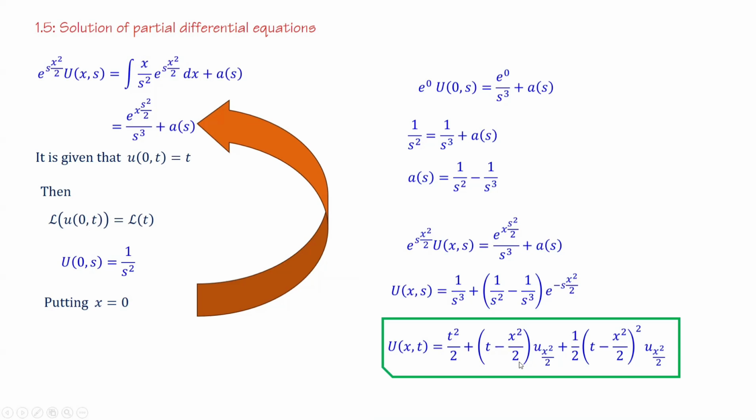So therefore, u(x,t) equals t minus x square over 2 times the unit step function at x square over 2. So this is the final answer.